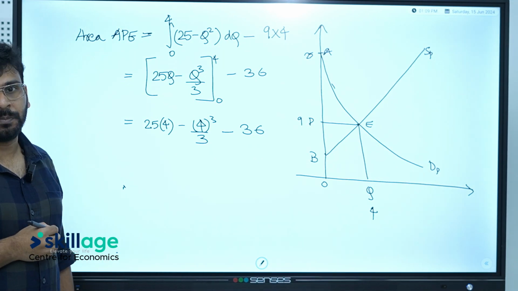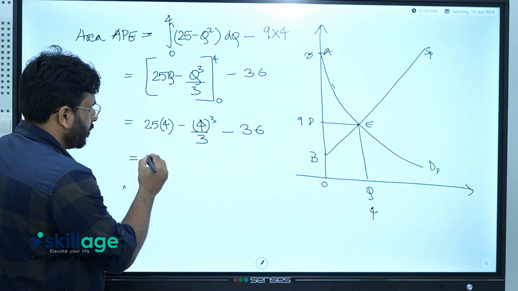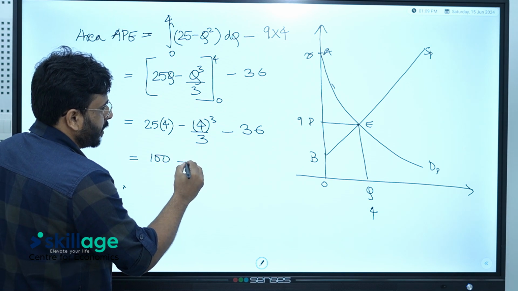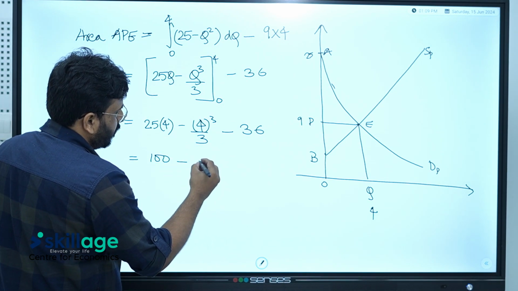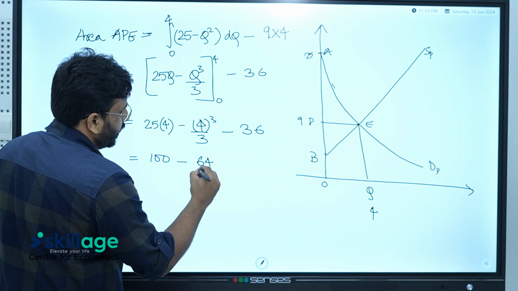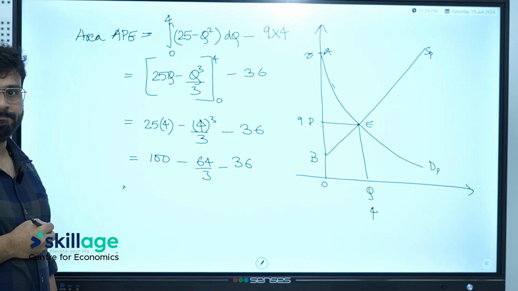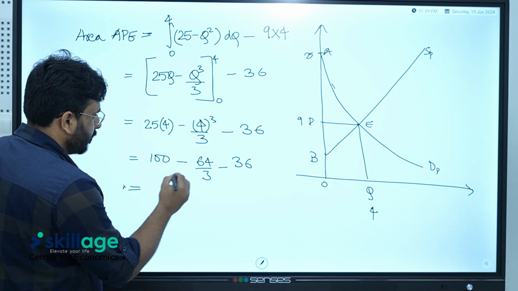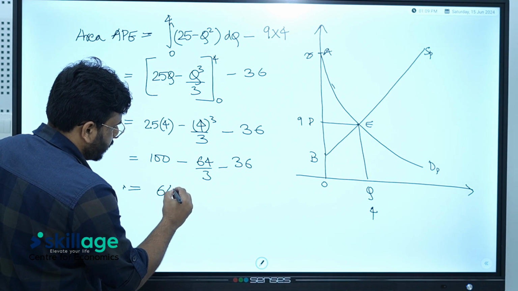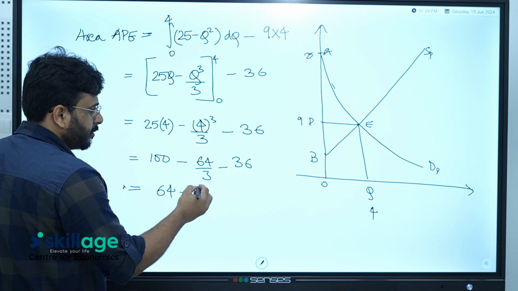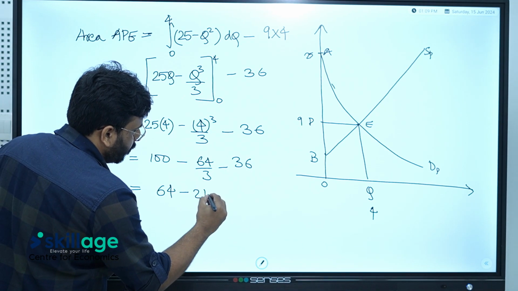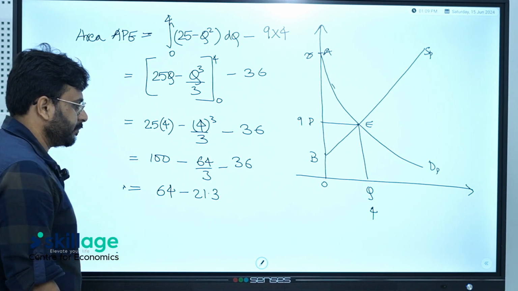Let's solve this: 100 minus 64 by 3 minus 36, or this becomes 64 minus 21.3.